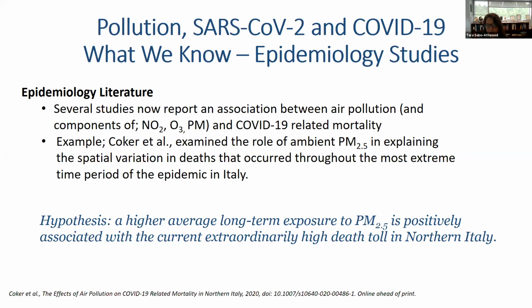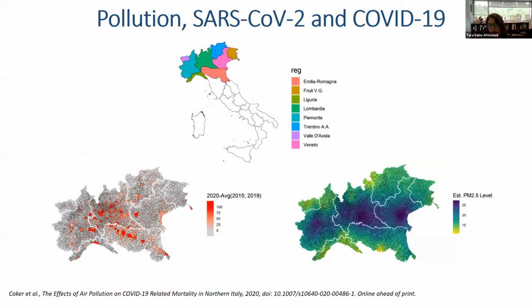And so they really went into this study with the hypothesis that higher average long-term exposure to PM 2.5 is positively associated with high death tolls in northern Italy. And just to give you a little summary of what they did, this is a small piece of their work. But this study was focused on the area in northern Italy.